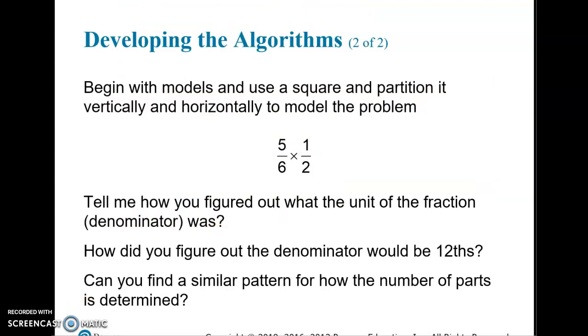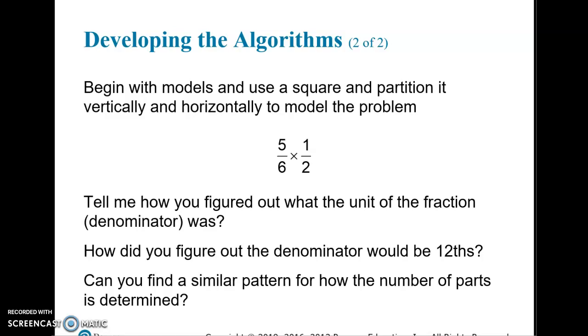5/6 times 1/2. It's a good idea to use squares and partition them vertically and horizontally to model problems. You can ask, how do you figure out what the unit of the fraction, the denominator, was? Or how did you figure out the denominator would be 12ths? Is this a pattern that is true for other examples? Can you find a similar pattern for how the number of parts of the numerator is determined?